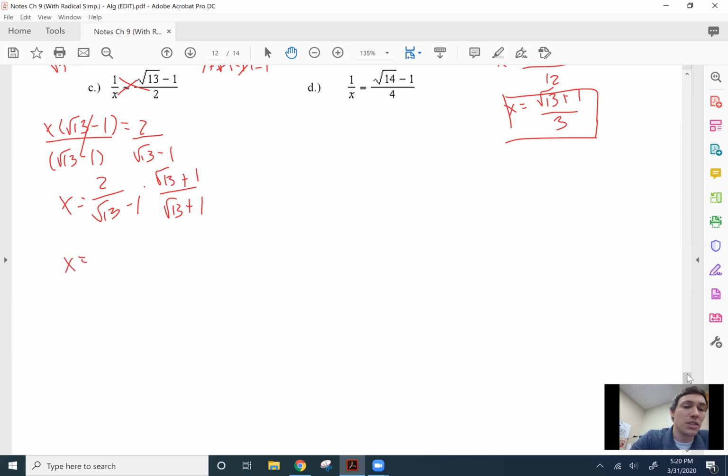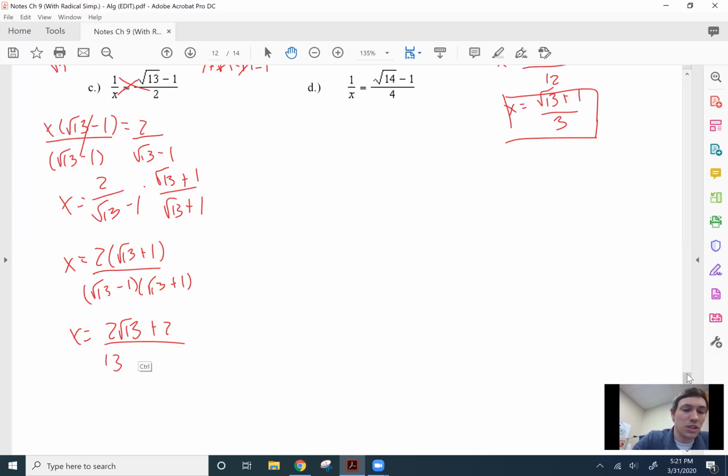So that gets me x equals 2 times radical 13 plus 1 all over radical 13 minus 1 times radical 13 plus 1. Let's simplify that. X equals 2 times radical 13 plus 2 all over radical 13 times radical 13 is just 13.